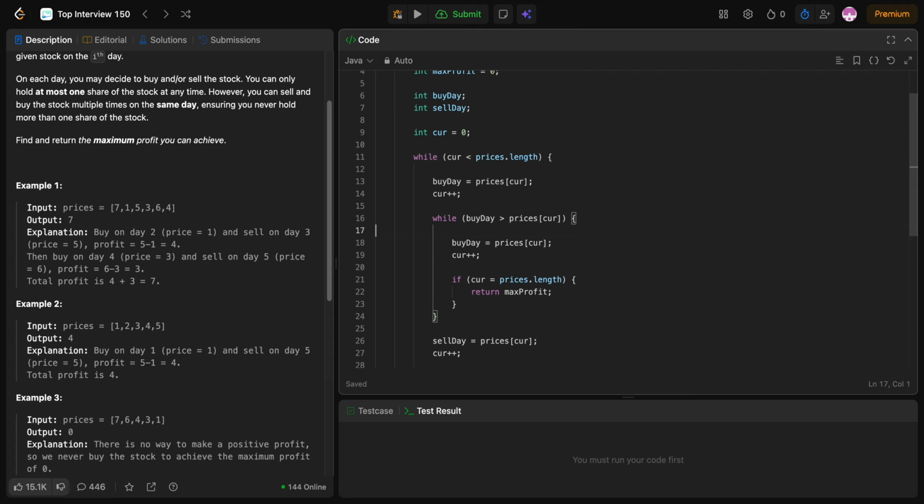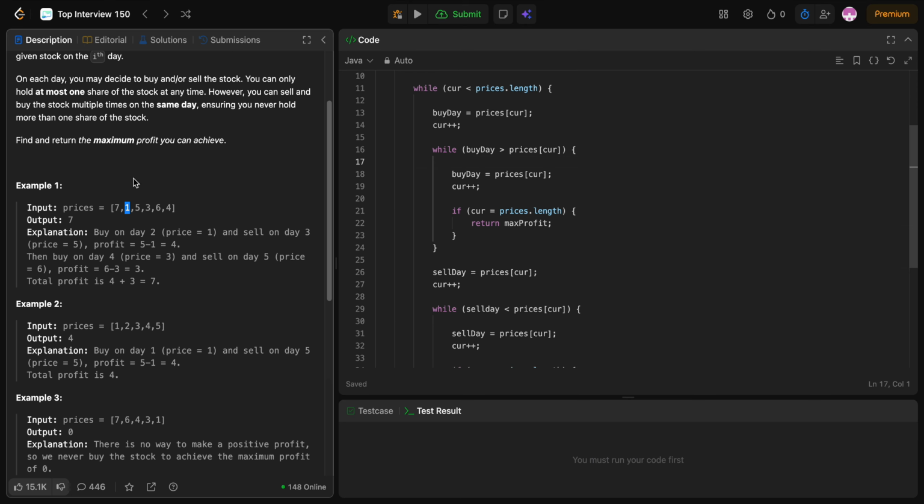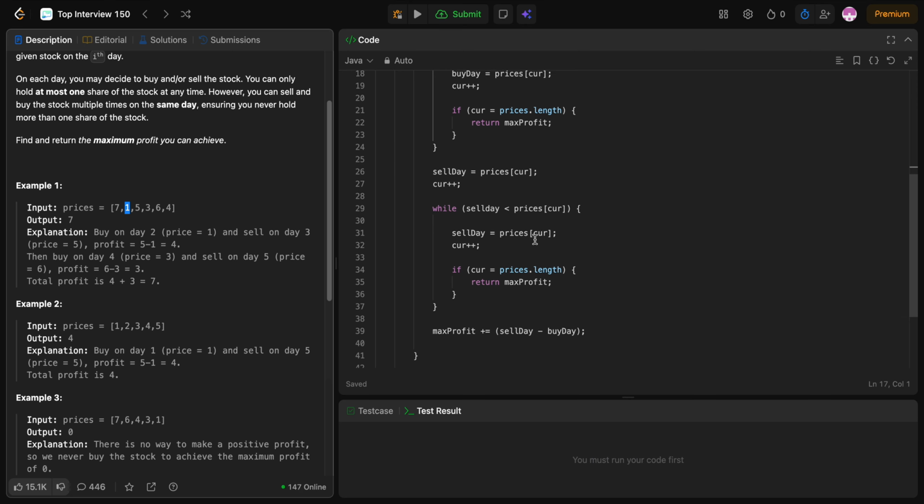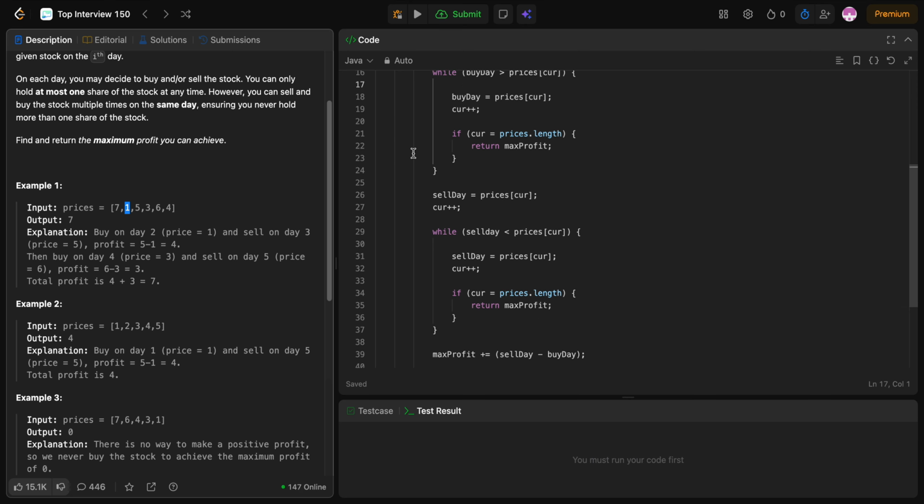So we're basically just changing the buy day until we have the smallest possible first buy day. So with this example, that would put us to here. Then I am setting sell day as the day right after. And then I'm saying that while sell day is smaller than the next day, we get the next day.